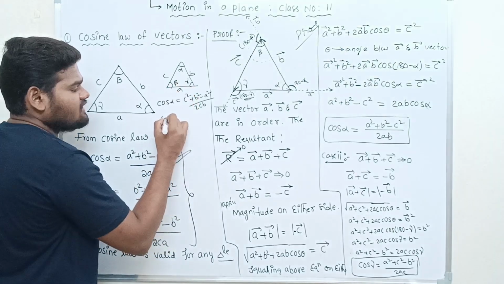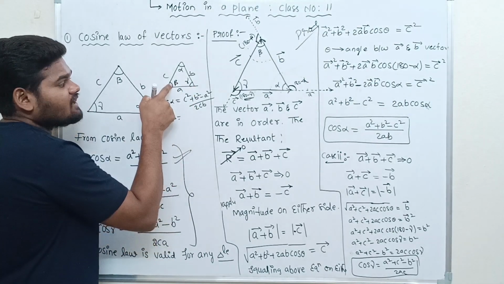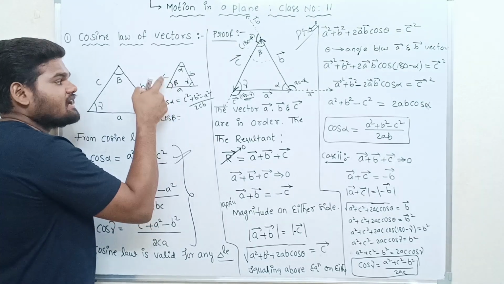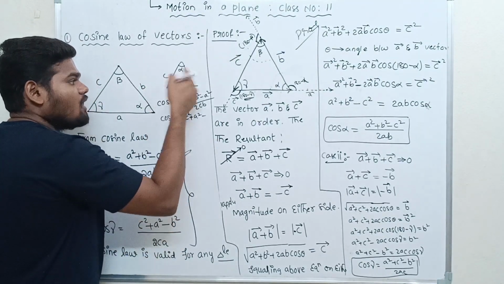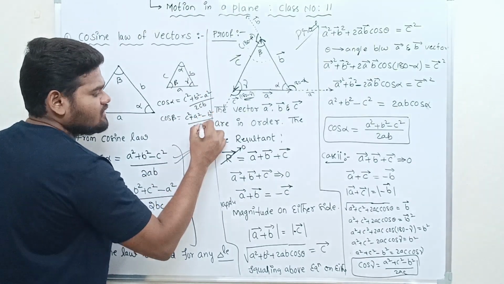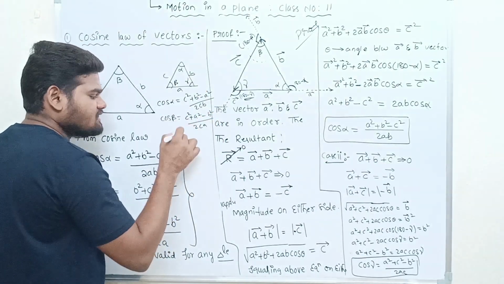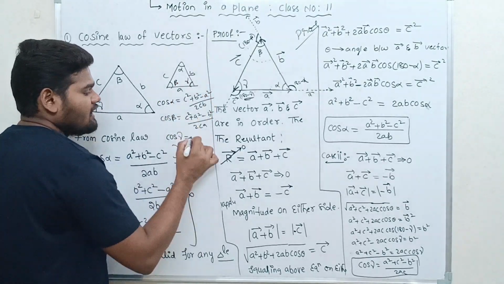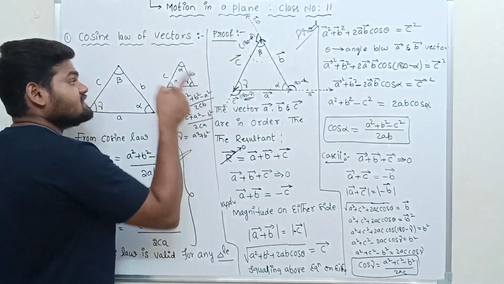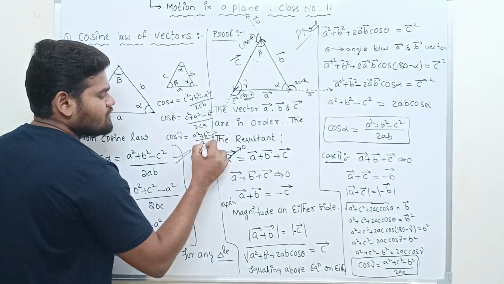Now if you want to write the equation for cos beta, what are the adjacent sides with respect to beta? C and A. So C square plus A square minus, what is the opposite side? B square, divided by 2CA. If you want to write the equation for cos gamma, what are the adjacent sides with respect to gamma? A and B. Then A square plus B square. What is the opposite side? C square, minus C square by 2AB.